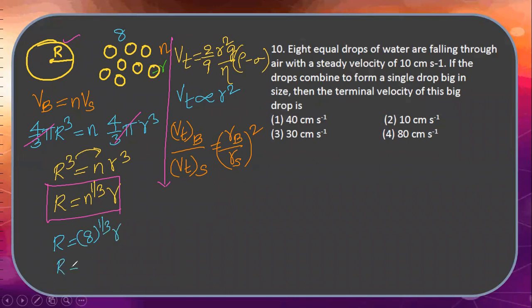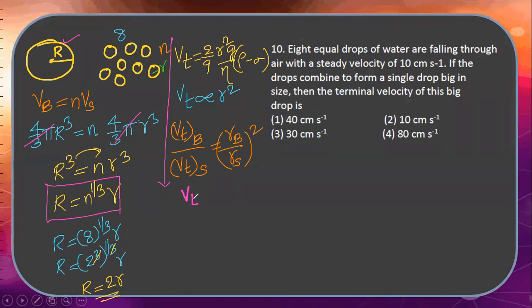So R is equal to 8, that is 2 cube, whole power 1 by 3 into r. From this, these get cancelled, capital R is equal to 2r. Means the radius of the big drop is equal to 2 times the radius of the small drop.